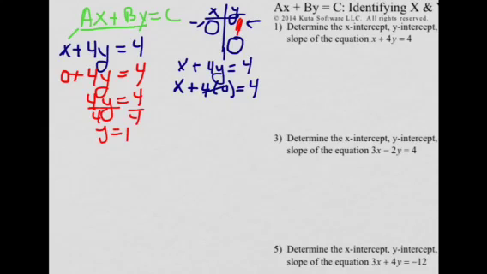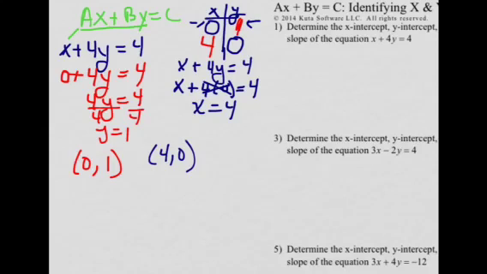Well, 4 times 0 is 0, so this cancels, and we get x equals 4. And you can see we get a nice, quick little solution set there. This just means that our y-intercept is the point (0, 1), and our x-intercept is the point (4, 0).